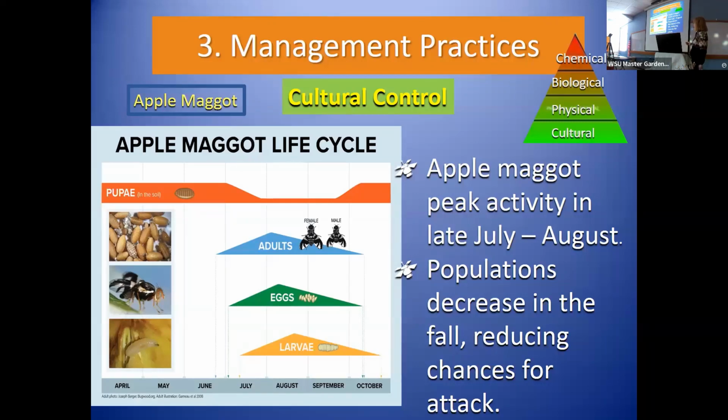So notice that the adult activity really starts in July and then it peaks in August. And then you're going to find that by fall, September to October, those populations of apple maggot are going to decrease. So remember that, because that's kind of a setup slide for our next slide. Picture that image.